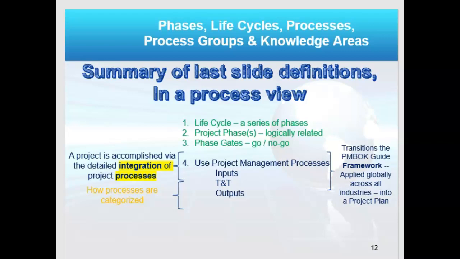We develop the project through the project phases. These are logically related. Make sure we have phase gates. And use the project management processes, which we haven't talked about yet, but we will get into in the knowledge areas. They each have inputs, tools, and techniques and outputs. And what you're doing on the left here is you're integrating them all the time in this framework, okay?